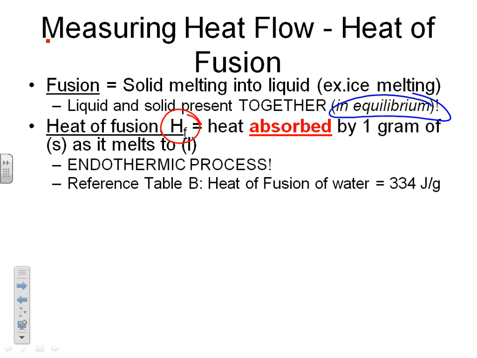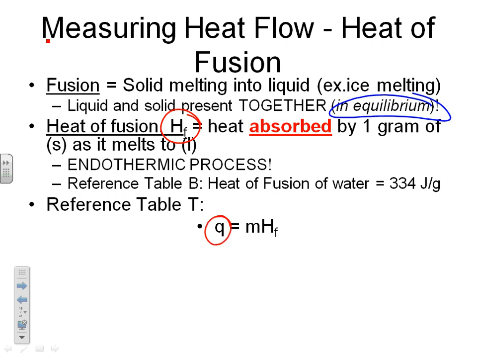And going back to reference table T, the formula for calculating energy required to melt something, it's not just going to be this 334, because that's 334 joules per 1 gram. Well, what if you don't have 1 gram? What if you have like 10 grams or 15 grams or 0.2 grams? Then how much energy is needed then? The formula is Q equals MHF. There are overall 3 components of this.